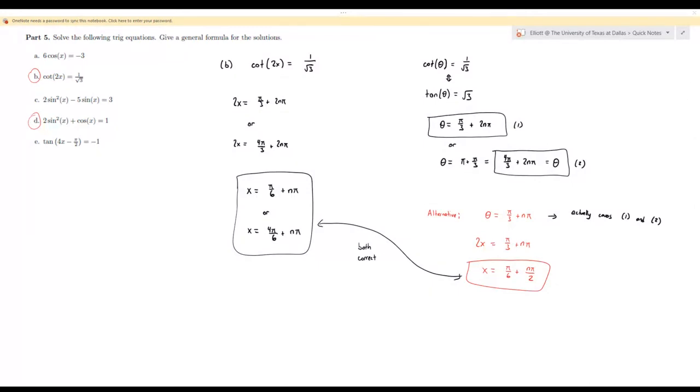So could you include 4 pi over 3 as well? And then is the interval for cotangent minus pi over 2 to pi over 2? Let me see. So cotangent, when you say the interval is minus pi over 2 to pi over 2, I think you're maybe thinking about the arc cotangent, which I believe does have the range from minus pi over 2 to pi over 2.